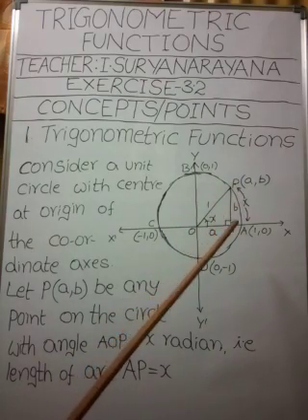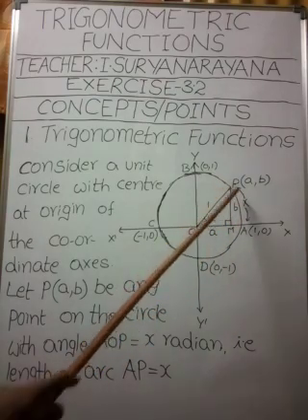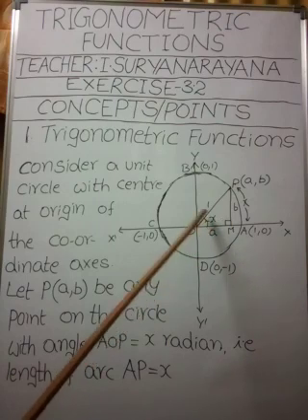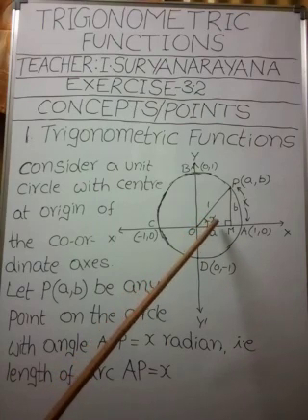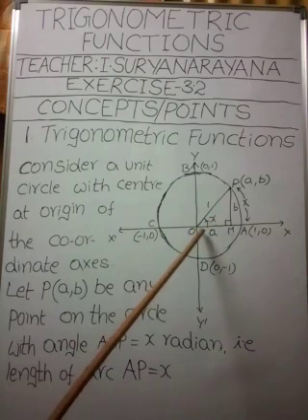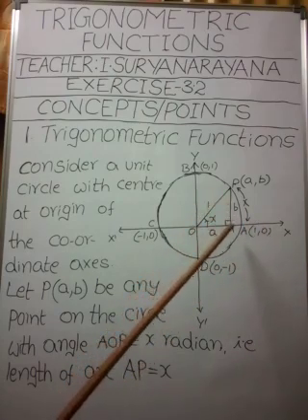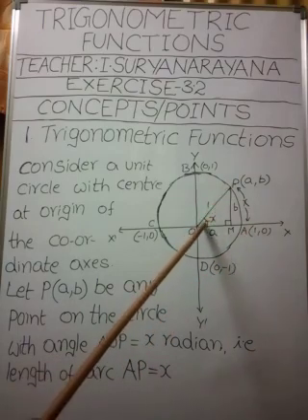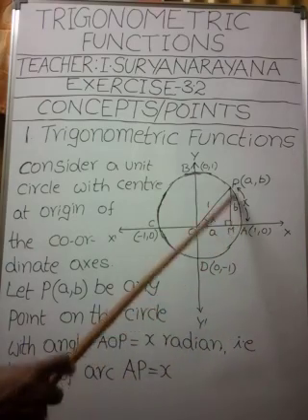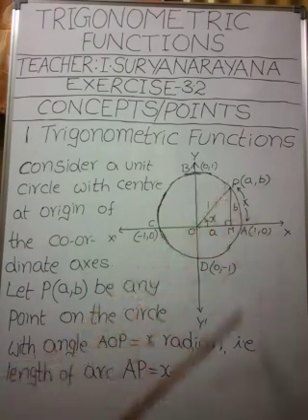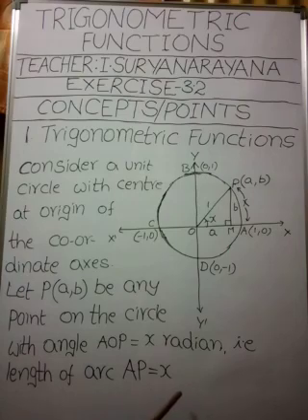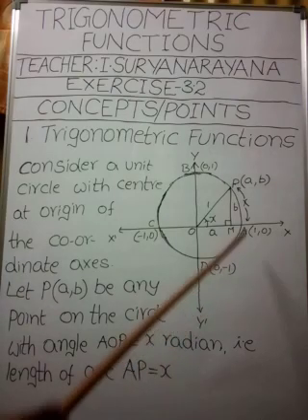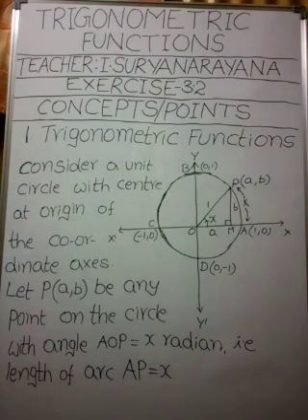And this ray OP is subtending an angle x radians with the positive x-axis, angle AOP. This angle is x radians, and the length of this arc AP is x units. Understood this diagram, my dear children?